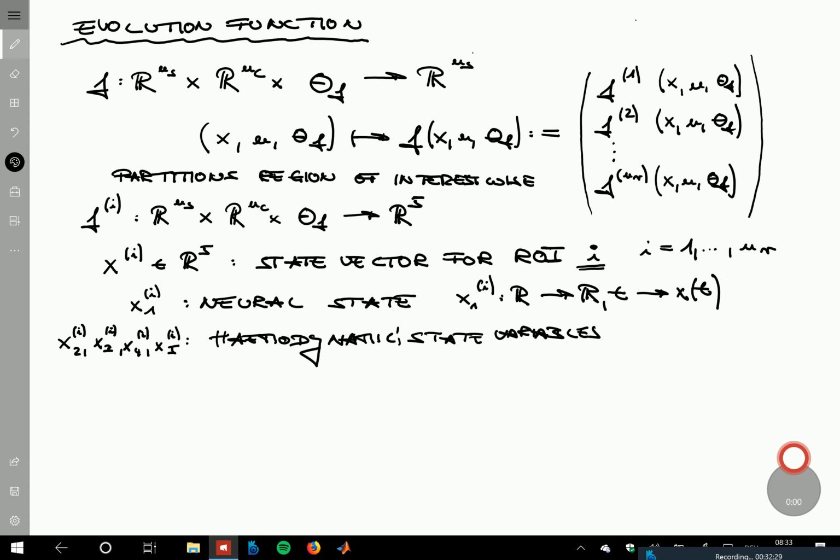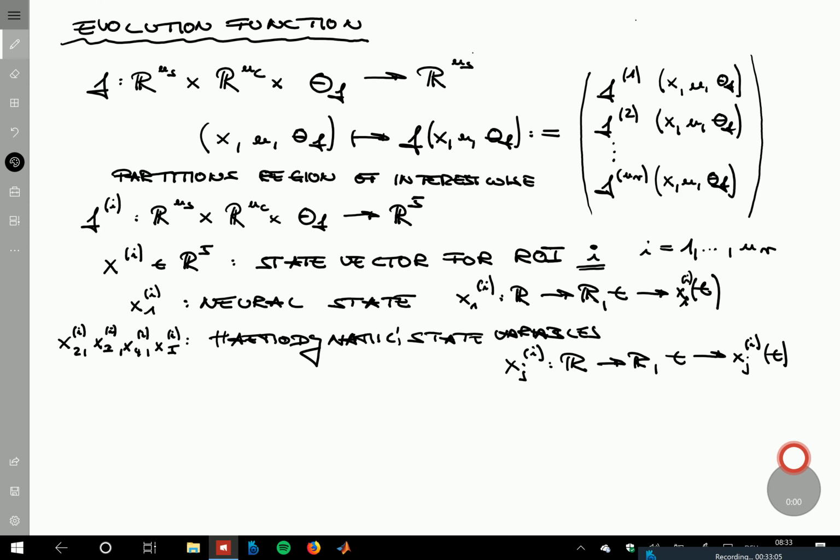These, let's call them XJ, are of course also univariate real-valued functions, and reflect certain hemodynamic variables, which we will also talk about in more depth. And there are 4 for each region.